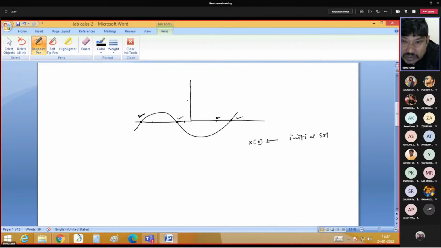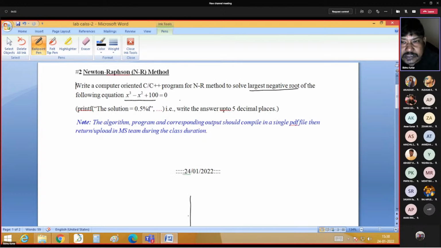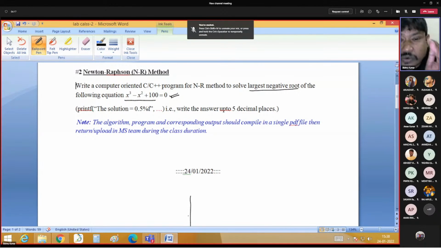So try searching your points. You can do it with the help of a program or manually. If you do it manually, for this example, before that, tell me the interval in which the root is lying.